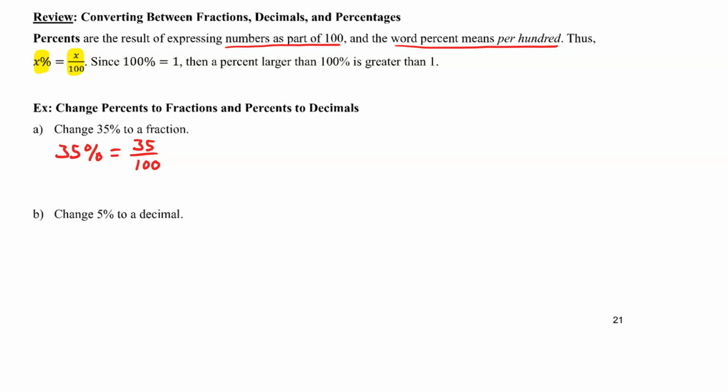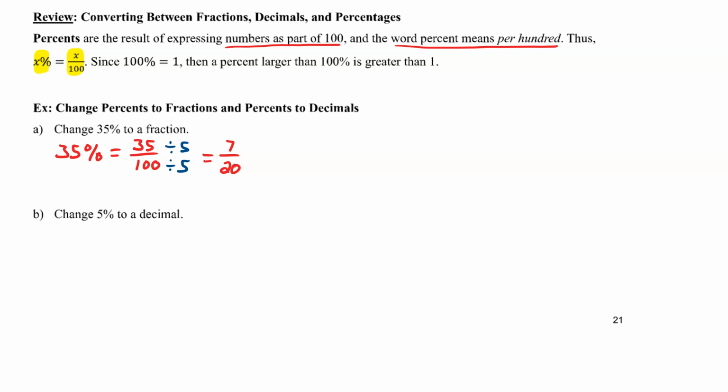In this case, we notice 35 and 100 are both divisible by 5, so we go ahead and divide, and we get our simplified fraction of 7 over 20. We cannot simplify that anymore because 7 is a prime number. The only factors are 1 and 7, and 20 is not divisible by 7.